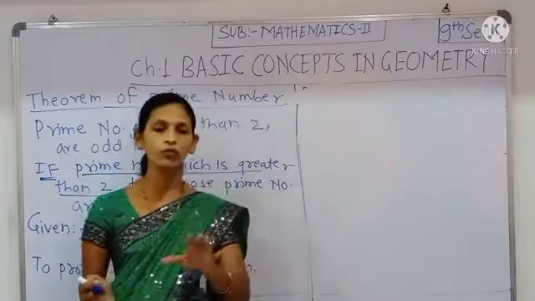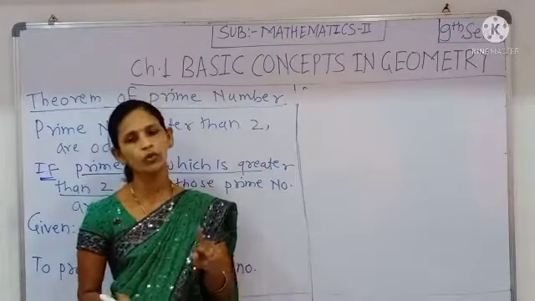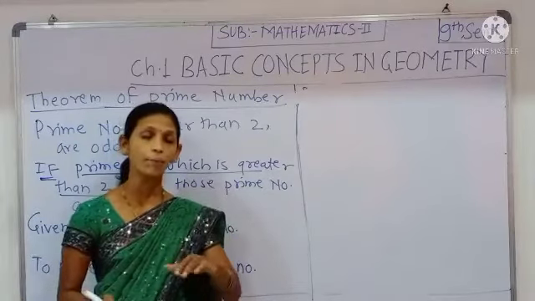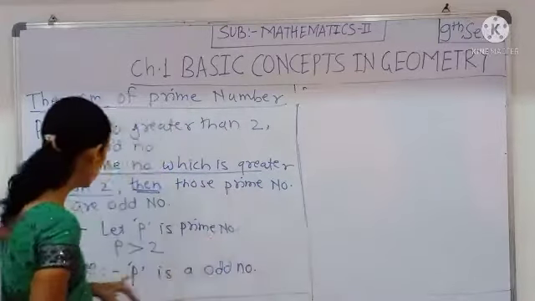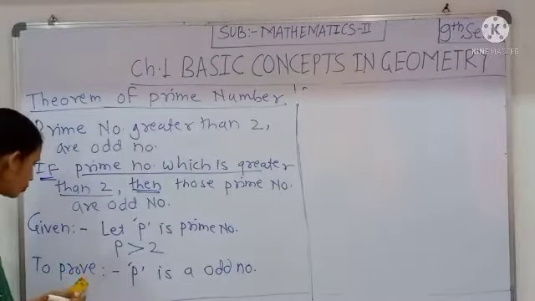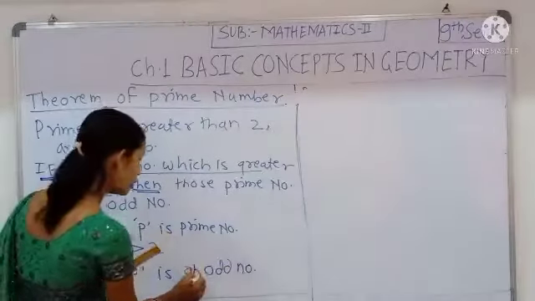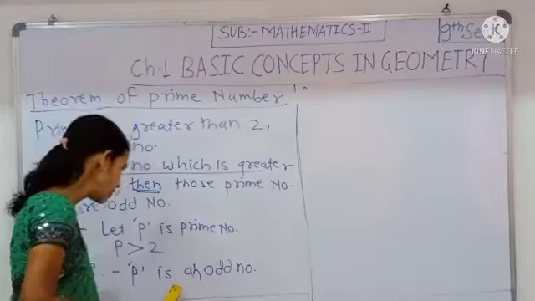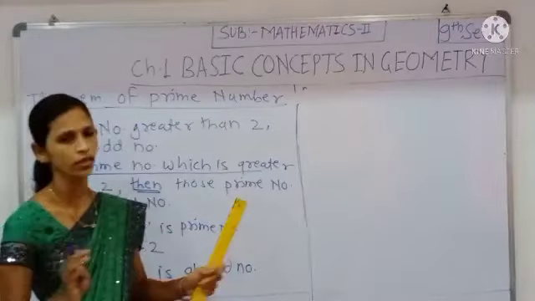When we give the proof of any theorem by indirect method, we have to consider the opposite statement of the statement which is given in to prove. That means see here, we have to prove the property P is an odd number. That means the opposite statement of this property is P is not an odd number.